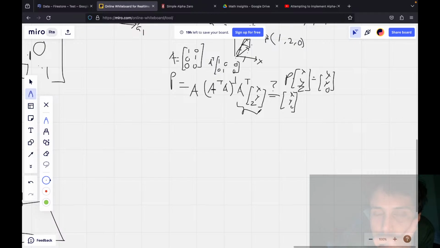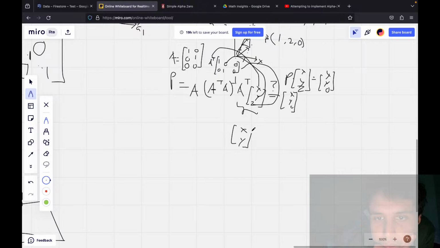So what is A transpose applied to x, y, z? So x goes to this column, y goes to that column, and z goes to the 0 column, and then we sum them all up. So the first entry, we dot product x, y, z with 1, 0, 0, we just get x. And then we dot product x, y, z with 0, 1, 0, and we just get y.